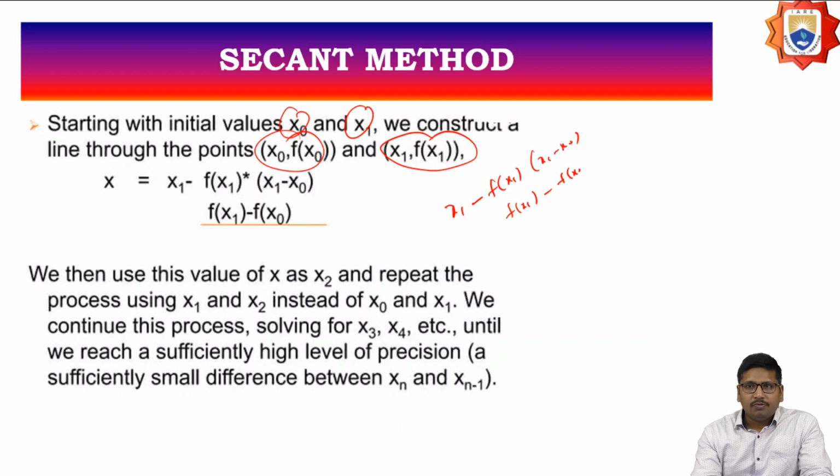Suppose initially you have points and construct a line here. We can make use of this value x2 and repeat the process using x1 and x2 instead of x0 and x1, and we can continue the process by solving for x3 and x4 as well, until we reach a sufficiently high level of precision.